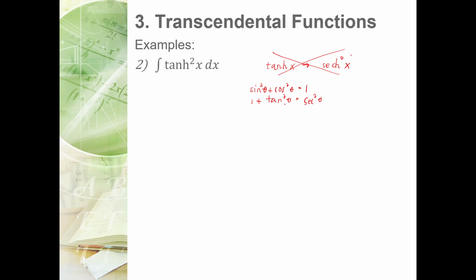Secant squared, then 1 plus cotangent squared theta is equal to cosecant squared theta. So this is your trig Pythagorean identities.